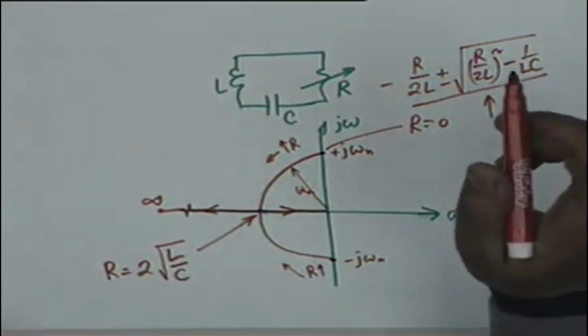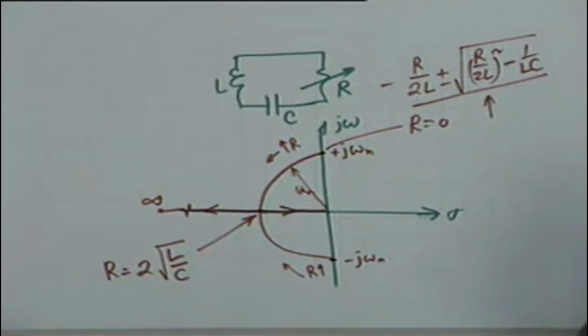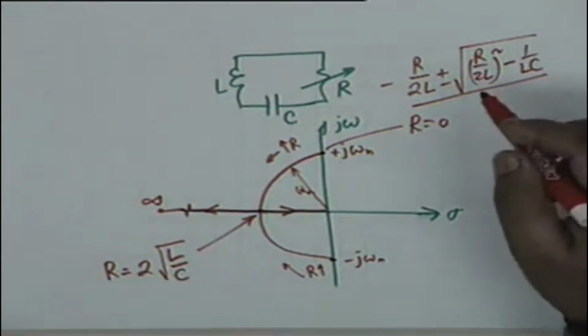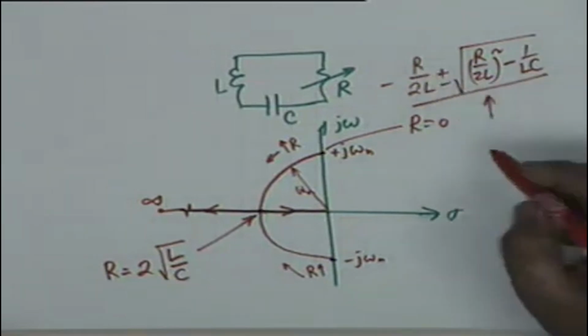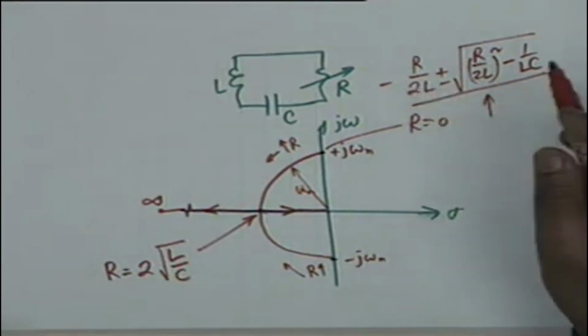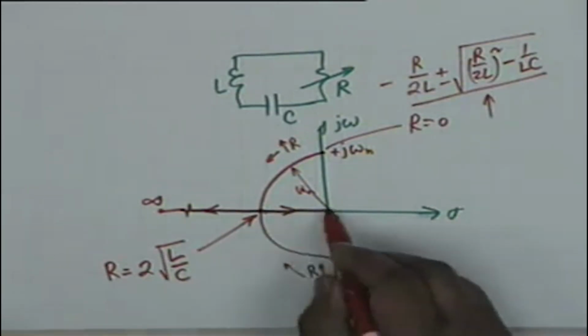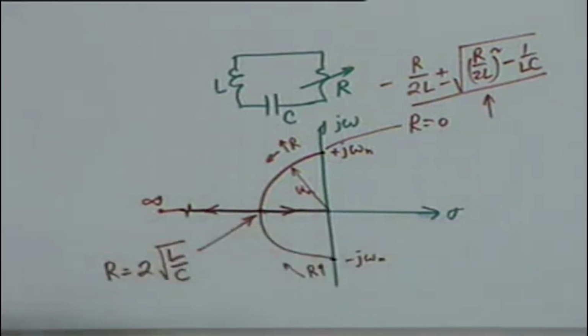Try to follow this very carefully. When capital R tends to infinity, 1 by LC naturally can be neglected then, and therefore one of the roots should be minus R by 2L minus R by 2L, and the other root would be minus R by 2L plus R by 2L. So one of the roots goes to the origin, the other goes to infinity.